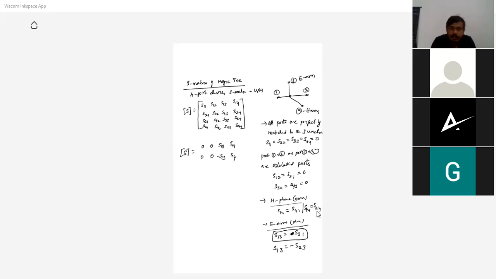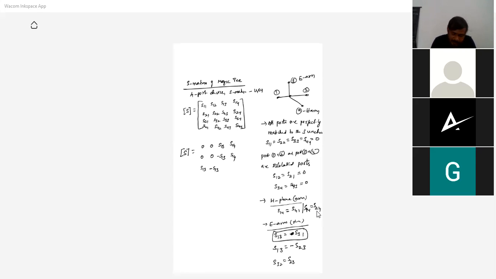Then S31 is S13, that is the symmetry property. What is S32? S32 is S23, so you can write this is minus S13.